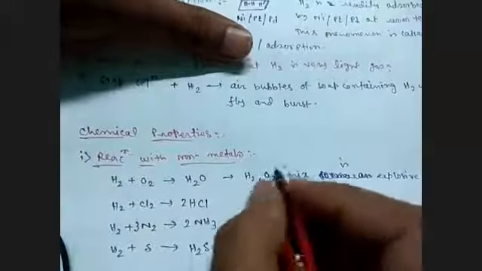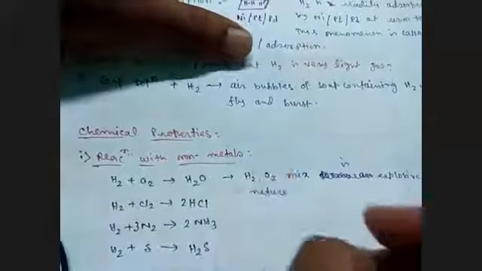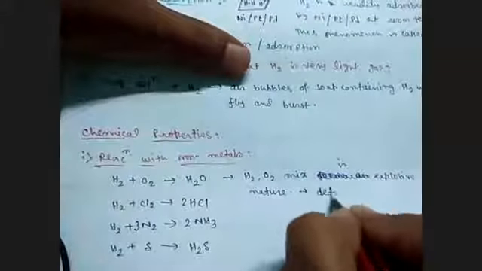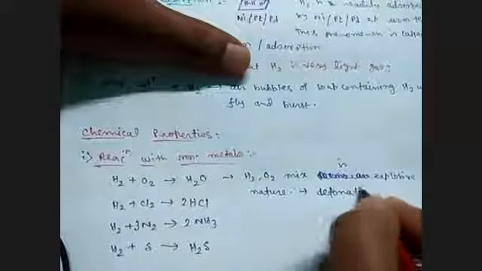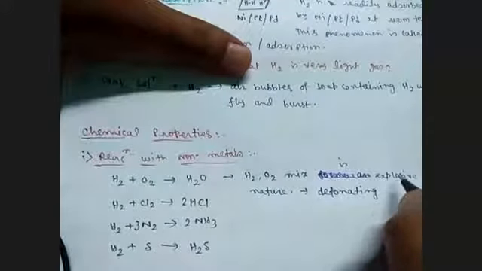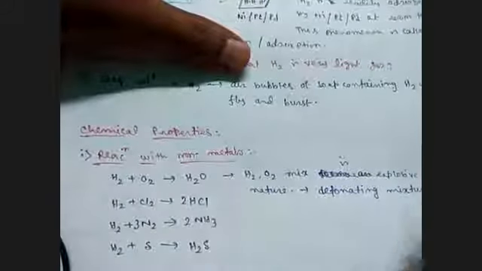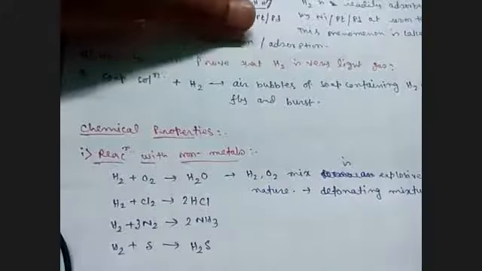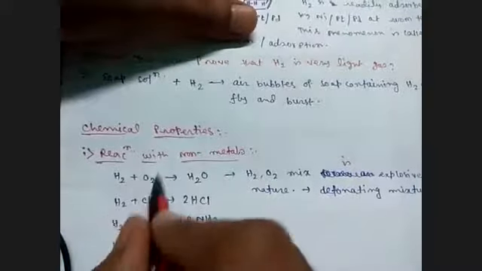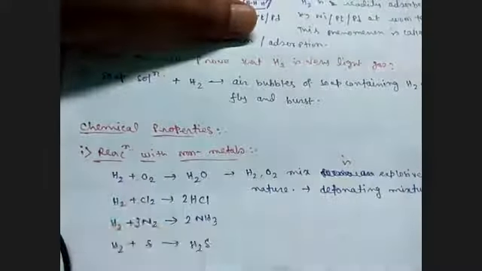But if the concentration of oxygen is less, then this explosion is reduced. This mixture is called detonating mixture. If you are asked what is detonating mixture, then hydrogen oxygen mixture is called detonating mixture, because when hydrogen burns with oxygen, or air, it burns with a pop sound.